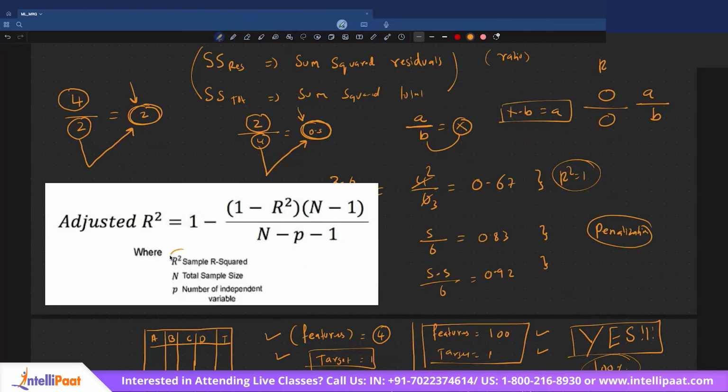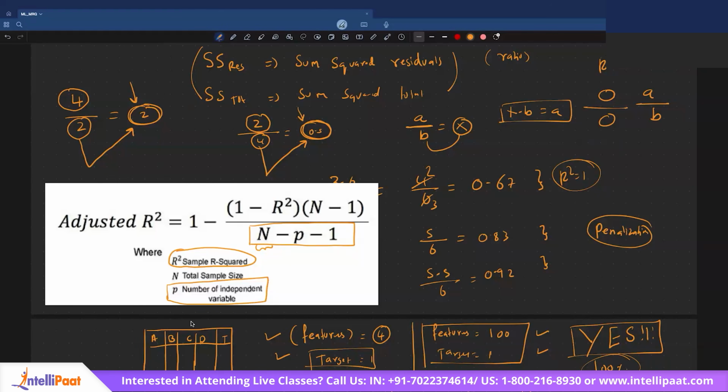R square is nothing but your sample R square that you normally calculate the way I calculated. But you divide the equation by the total sample size. Can you see I'm dividing this by the total sample size n? That is the sample that I have taken for the calculation of R square. At the same time, can you see the number of independent variables here?